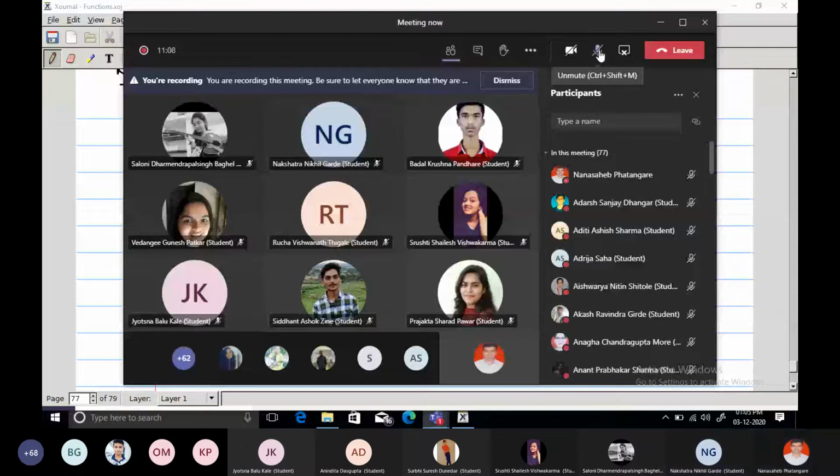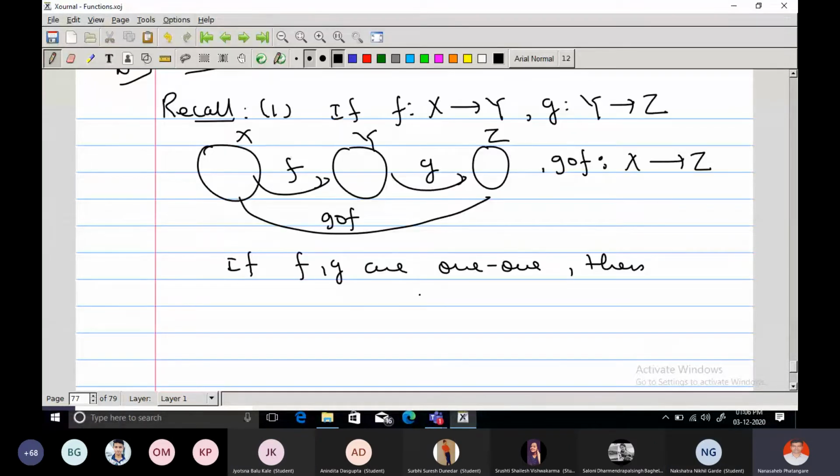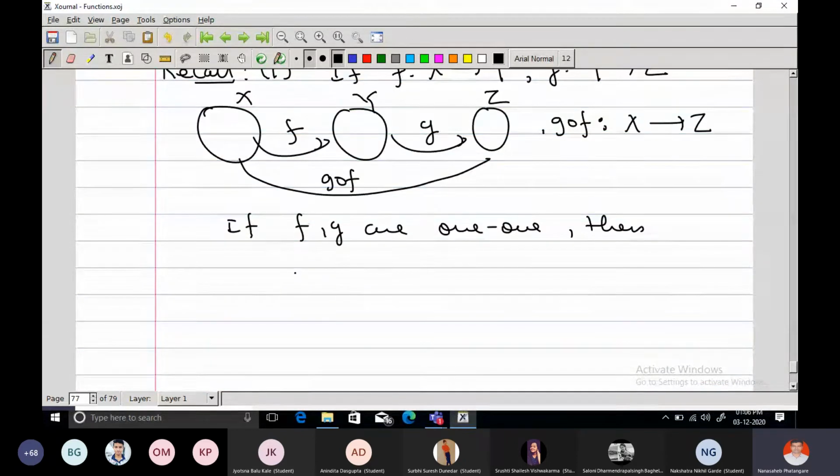Okay. If f and g are 1-1, then g composite f is 1-1, correct? This we discussed last time. And here f composite g doesn't make sense. Does f composite g make sense in this case?